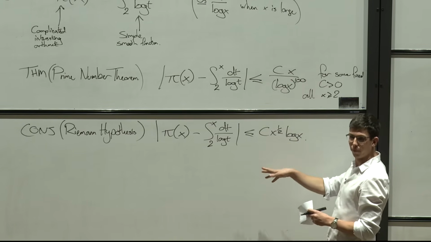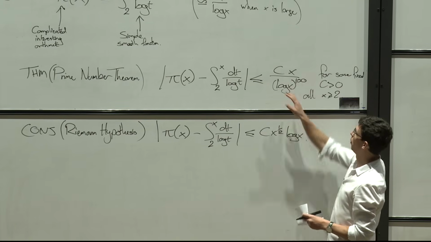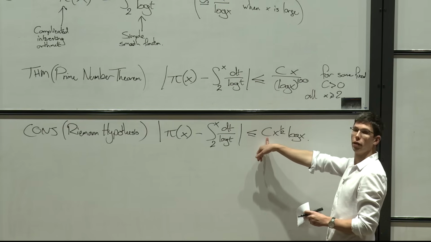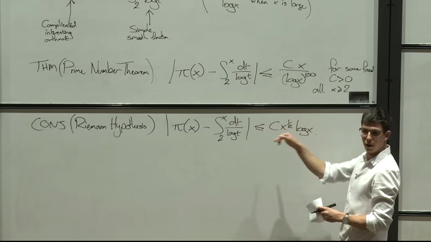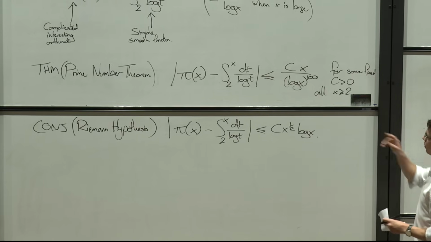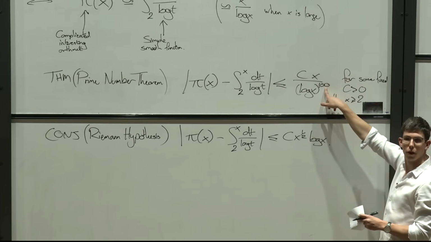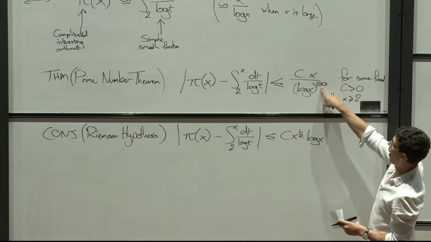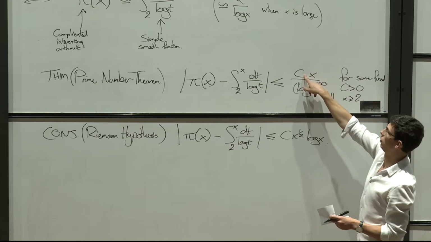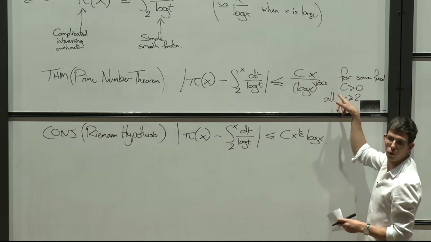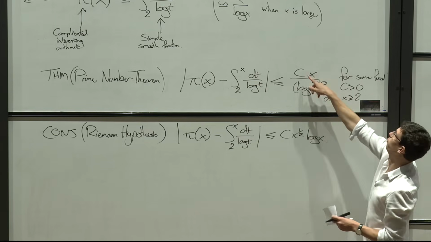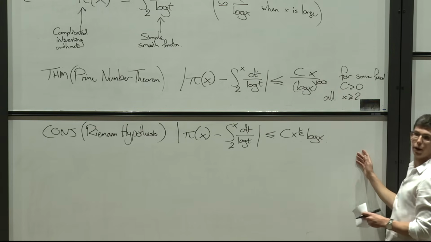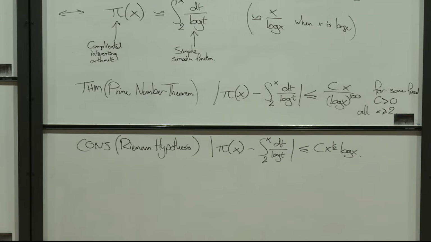It's not supposed to be the same value of c, and because we're thinking of x as being very large, we really don't care what c is. We just want to know that there exists some constant c such that this sort of estimate works. Similarly, the value of 100 here is a number that I just chose arbitrarily. For any constant a instead of 100, you should have some constant here, but maybe that constant will depend on what you choose. So with a different constant, you'd have log x to 1000, and a different constant again, you'd have log x to 1 million, and so on.